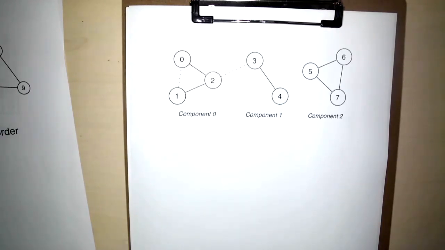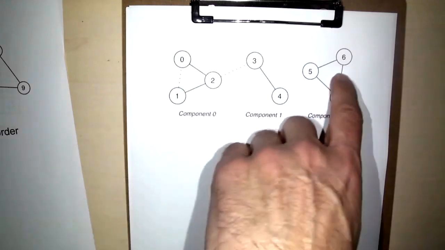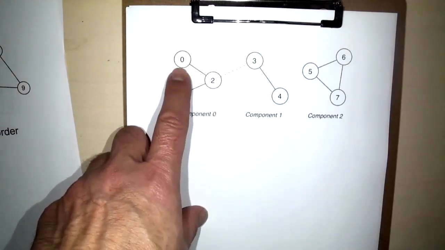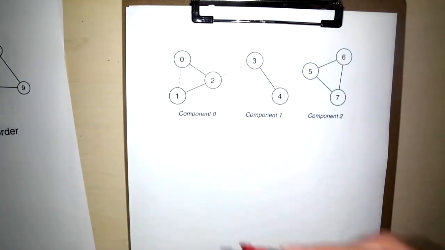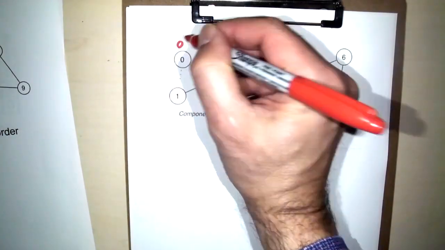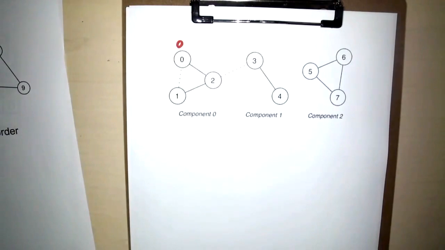And then we have to go through all these vertices. If we do that in the order in which they are numbered here, we would start with 0, assign component ID 0 to it, and look at all the neighbors. Rather, as in depth-first search, we would choose the next neighbor and continue with that.